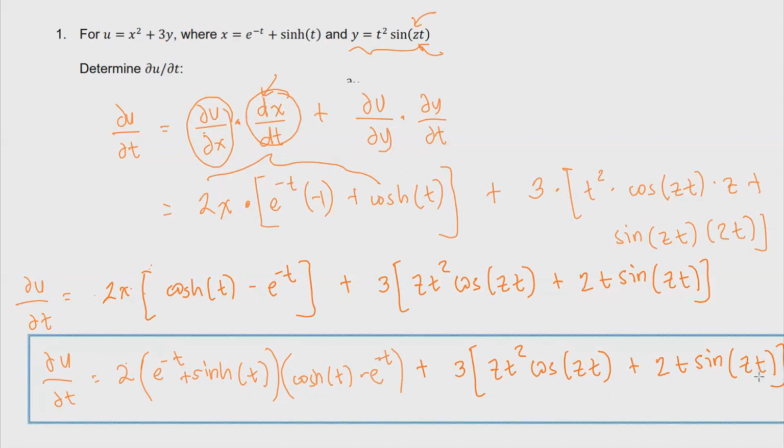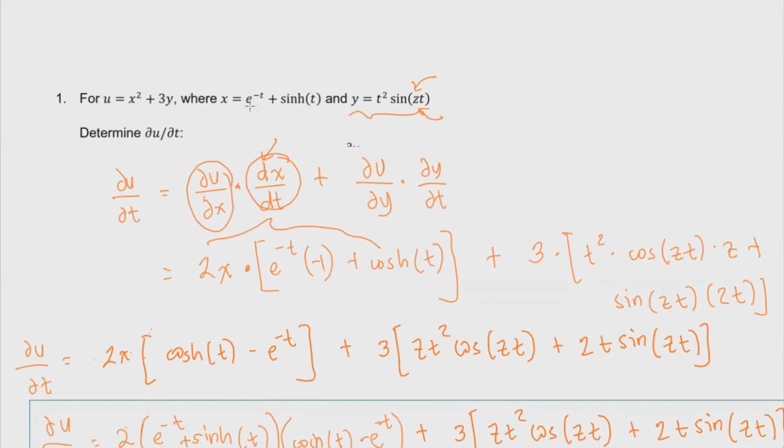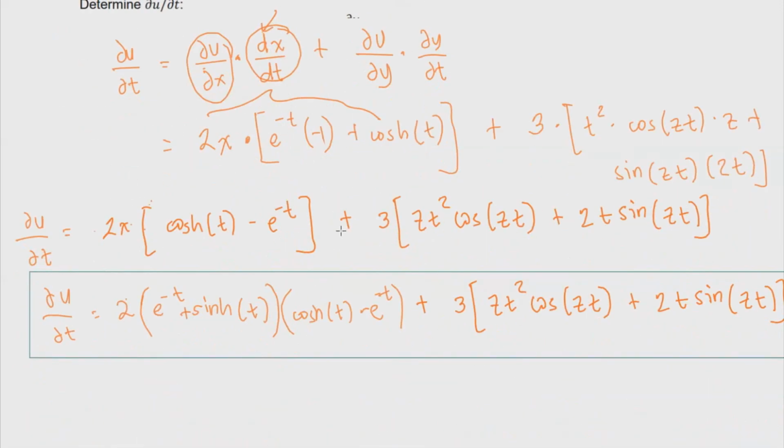But how about the z that you can see right here? You can't do anything about it because that's a variable that is not included in the intermediate. It's not a variable that has a direct relationship with u, so it will just be left out in that expression. But the x here was substituted with the value of x from this original expression, because we need to substitute that with respect to t.